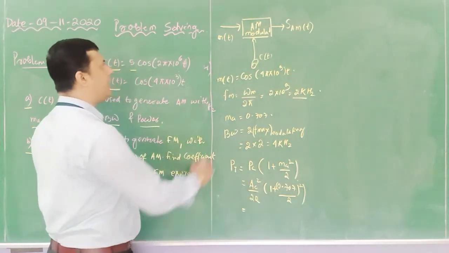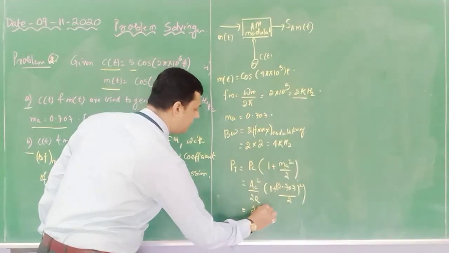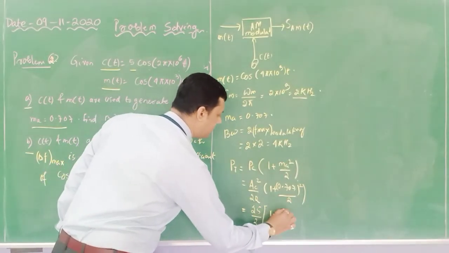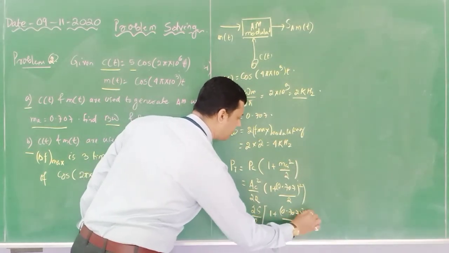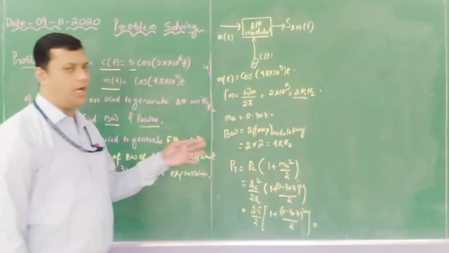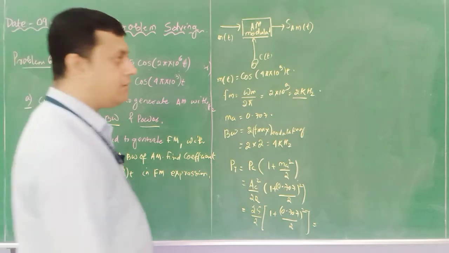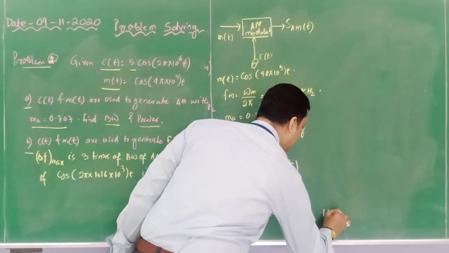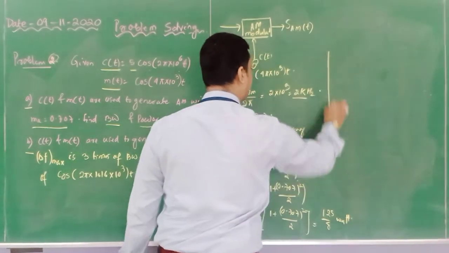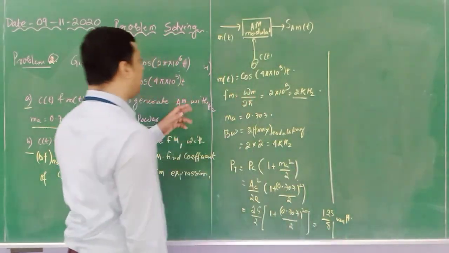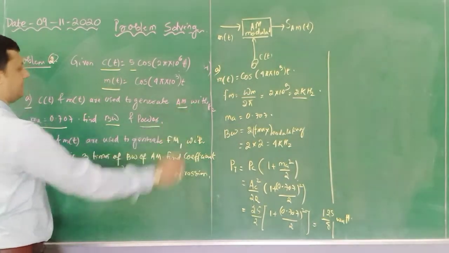Ac, the amplitude of the carrier, is 5, so it is 25 divided by 2 whole, into 1 plus 0.707 whole square divided by 2. If you solve this, your transmitted power will become 125 divided by 8 watt. So this is your first part, A, because it is asking about the AM signal.